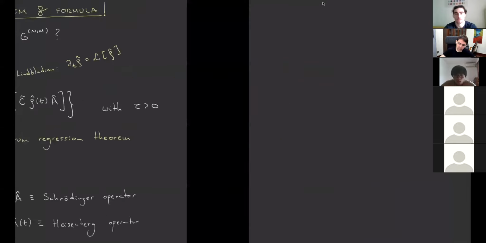But now I will give you one more useful thing, that is the following. Consider that you have your open system and you find a set of operators, call these operators B. So you have B1, B2, all the way until BL, for example. So you have L operators that you collect in a column vector. And imagine that you find this set of operators that is a closed set.